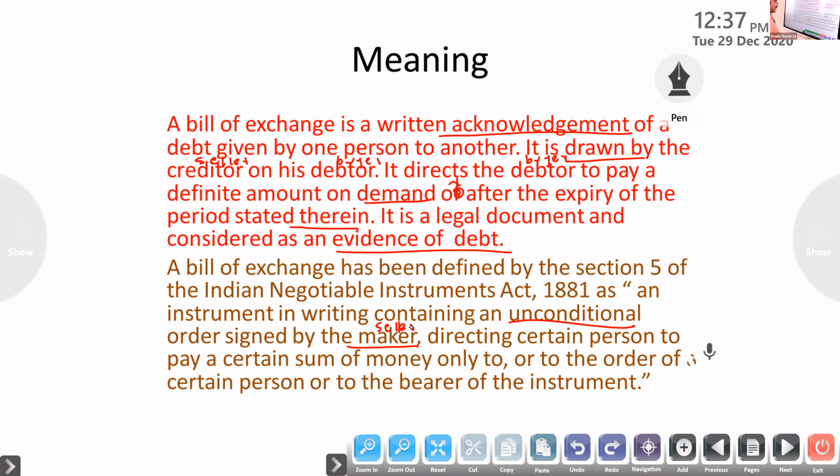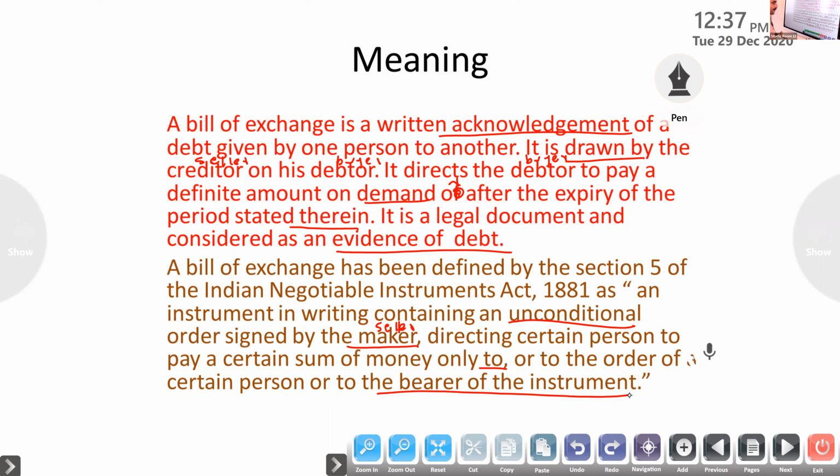Signed by the maker, directing a certain person, directing a buyer, to pay a certain sum of money only to me, or to the order of a certain person, otherwise according to my order to another person, or to the bearer of the instrument, that is, whoever is holding that bill of exchange.